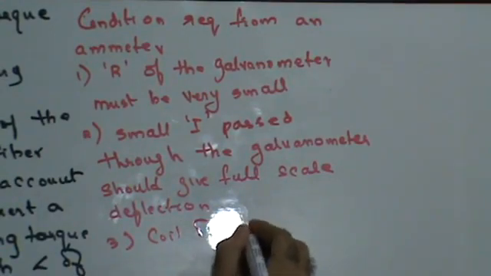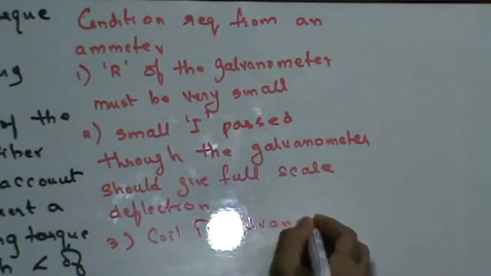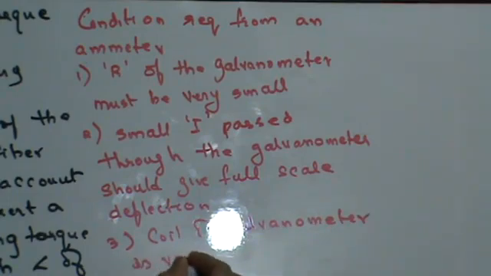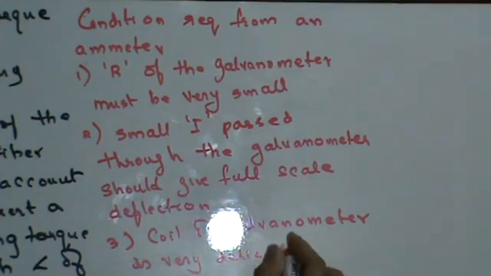Third, as the coil of the galvanometer is very delicate, it can be easily damaged.